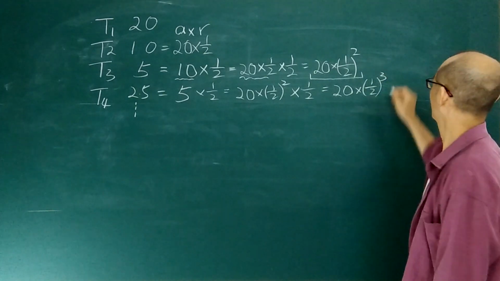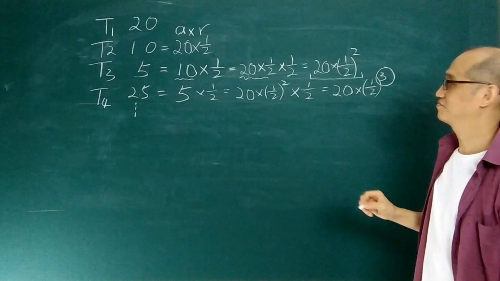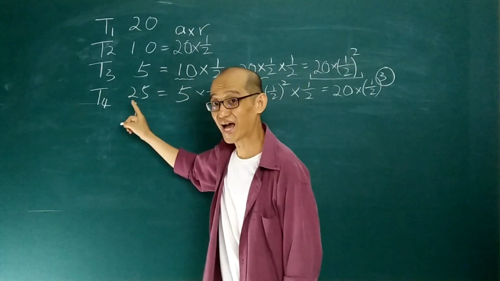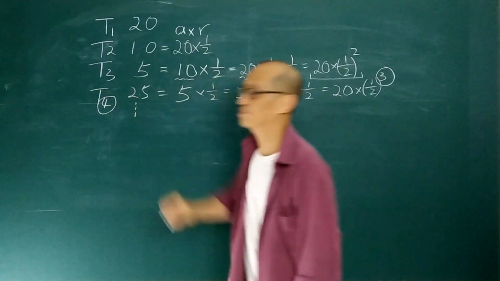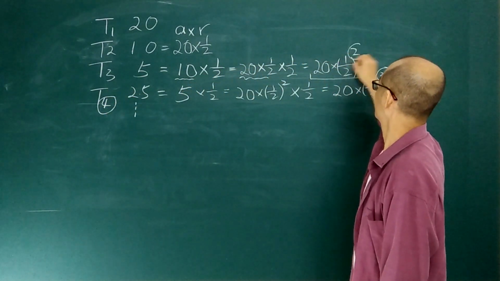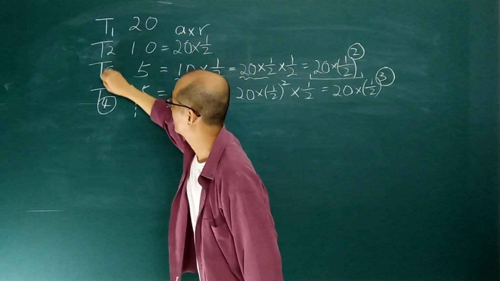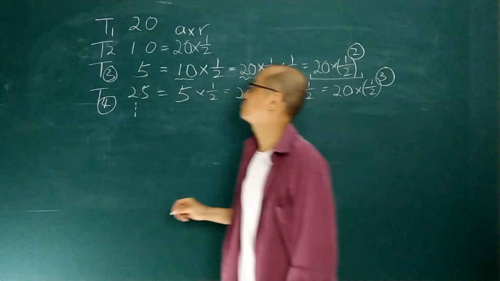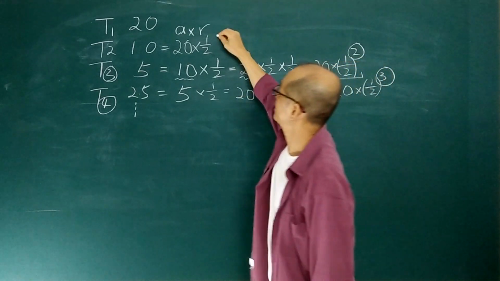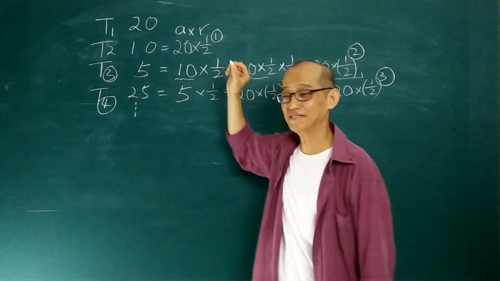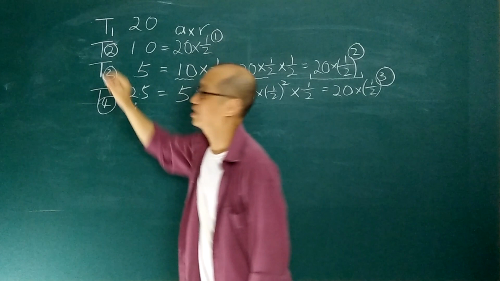Now note that this number here is always 1 less than this number here. This one is 2, here is 3. This one is 1, here is 2.